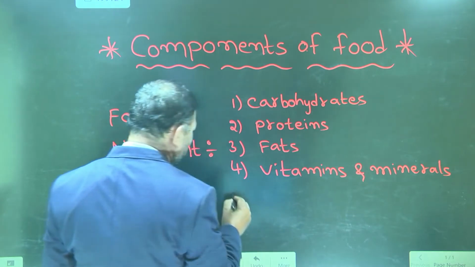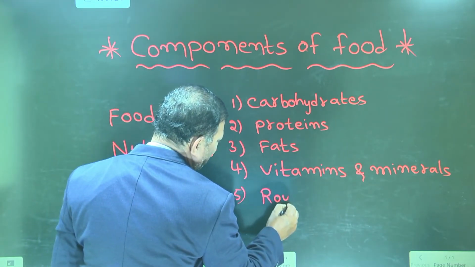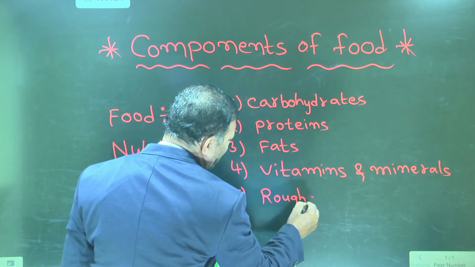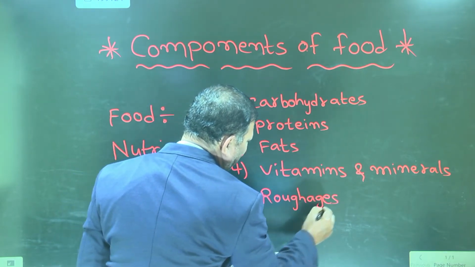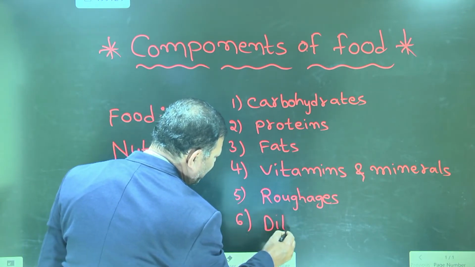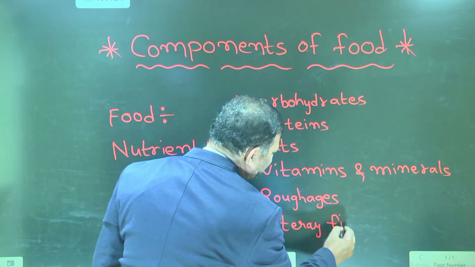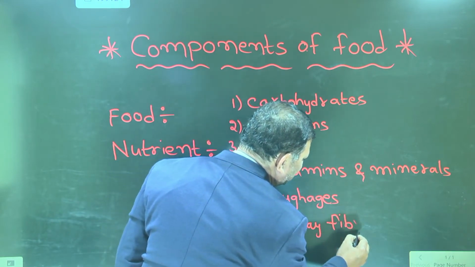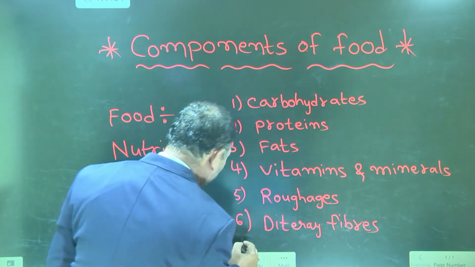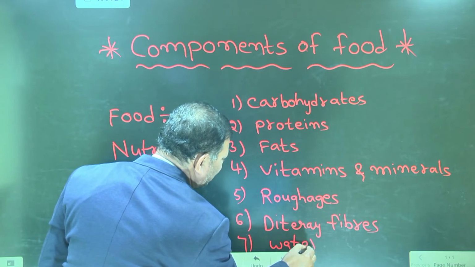Fifth one, roughages. Sixth one, dietary fibers. Seventh one is water.